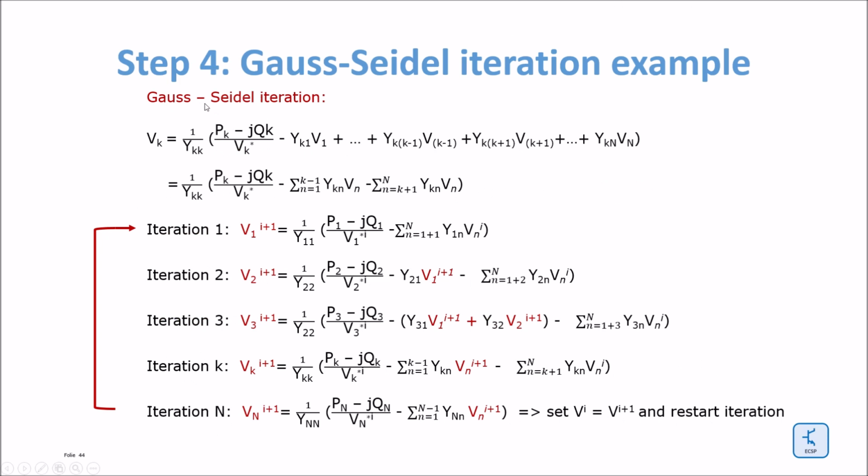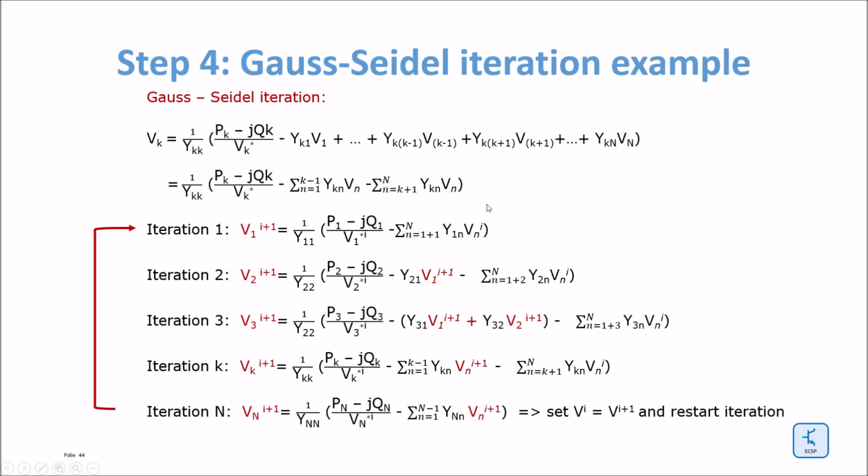Again, this is the same equation here. I have now grouped the terms before the diagonal under one summation and the terms after the diagonal under the other summation. And the diagonal part is extracted as we have learned before. So we have the row k, V_k, and here we have Y_kk. The iteration works now as follows.